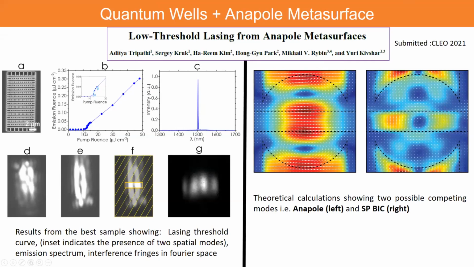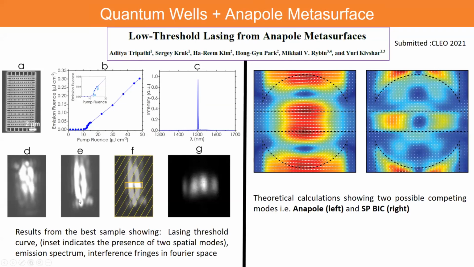We observe a very low threshold, and the threshold behavior shows a peculiarity which indicates the presence of two competing modes, and a very narrow line width, which was 2.2 nanometers. These two spatially competing modes were separated. We also observed the directionality diagram, and again, like in the previous case, we observed a fringe pattern, which proves the coherence of our radiation.